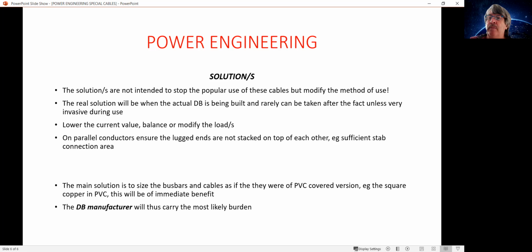So let's have a look at some of the solutions, because obviously this is extremely widespread in the industry, and let's face it, it's the DB manufacturer that really carries this burden. It's not the guys going to site, unless you've got something so radical that you have to change something to continue. The intention here is not to just stop dead and not use these things, because they're widely accepted.